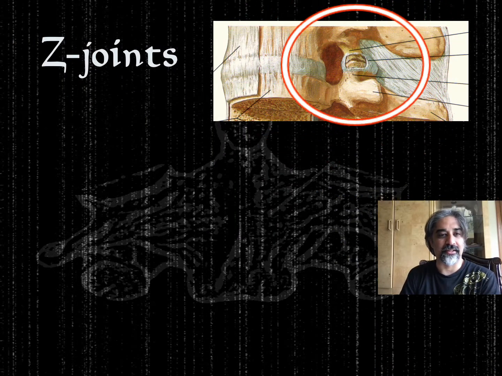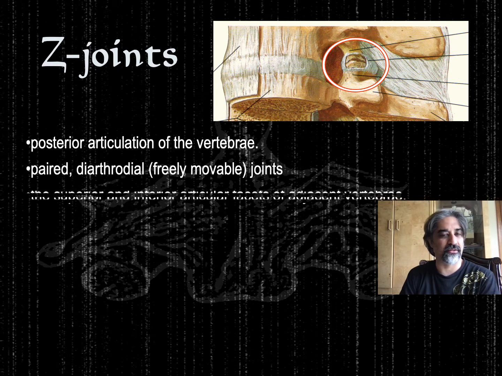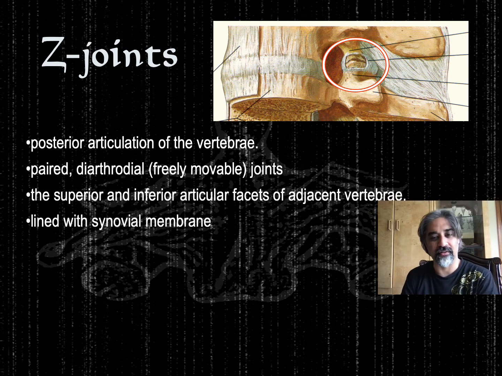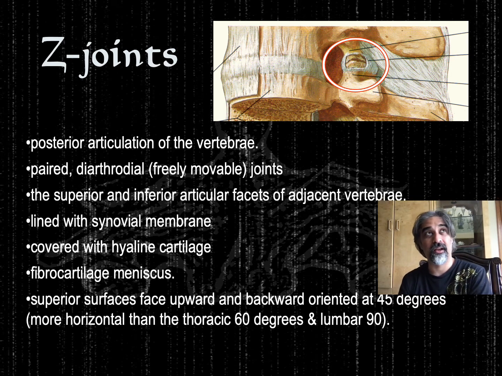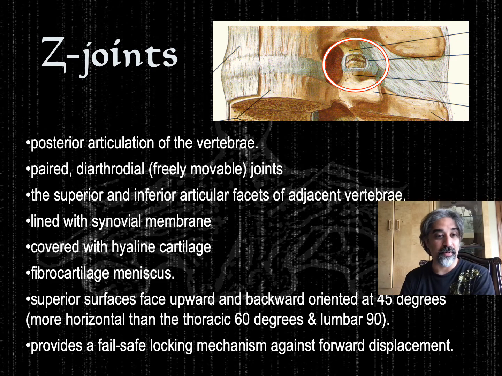So this slide gets a little deeper than we need to, and it's also, unfortunately, a picture from Netter's of the thoracic facet joint. But some little bits of minutia that came from looking up anatomical papers. Basically, you can have a meniscus or you can have a synovial membrane in any of these joints.